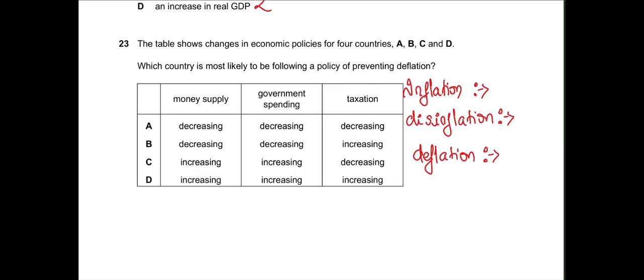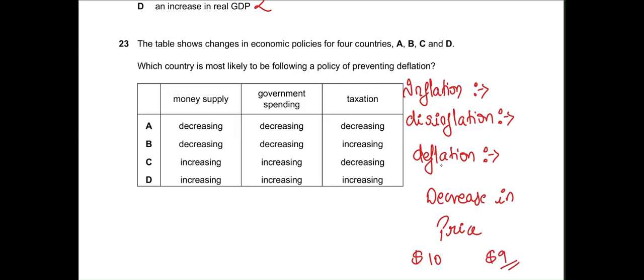Okay, so for attempting this question, you all should know these three things. First of all, you should know what is deflation. Whenever you see the word deflation, it is nothing but a decrease in the price level, I would say. For example, one product you were purchasing for suppose $10, now it has decreased to $9.